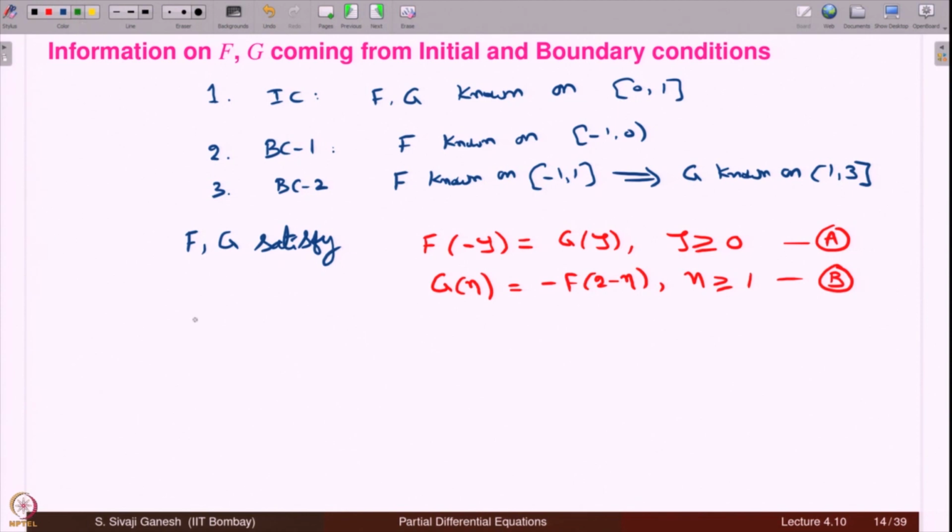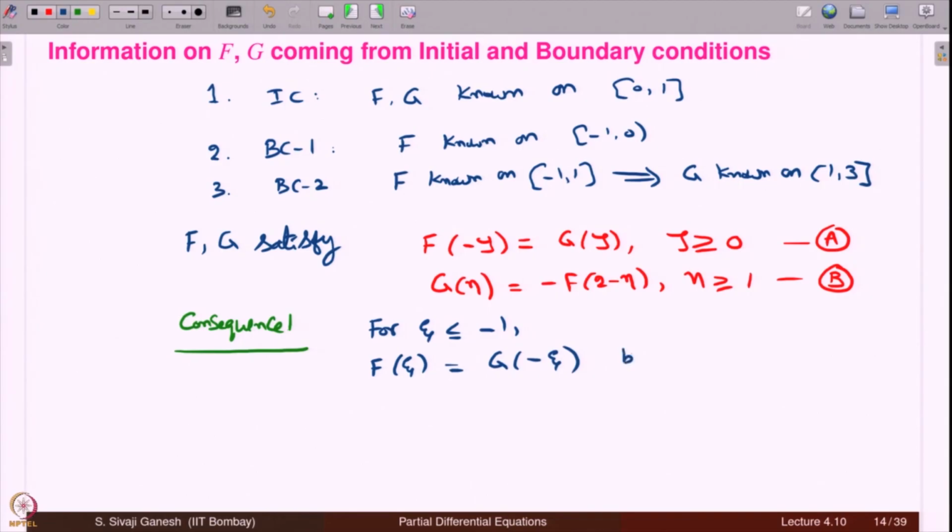Now, let us write one consequence of this. Let us call it consequence 1. For xi less than or equal to minus 1, f of xi is equal to g of minus xi.